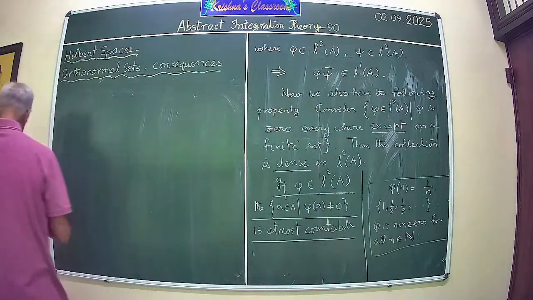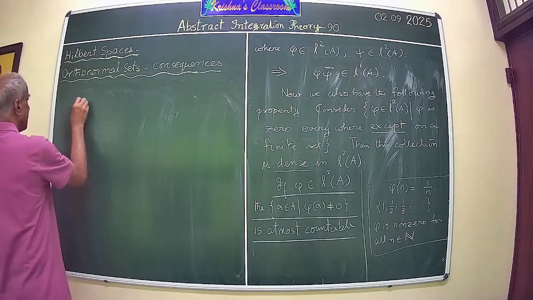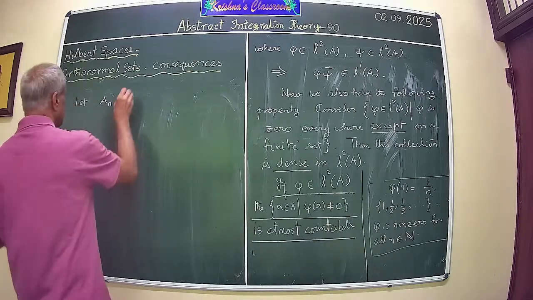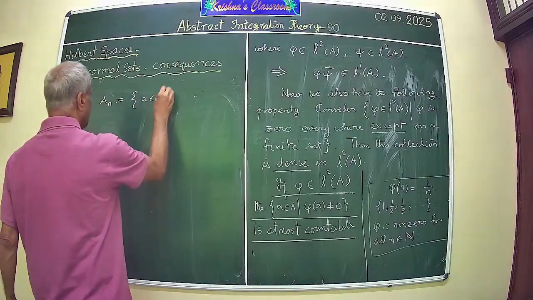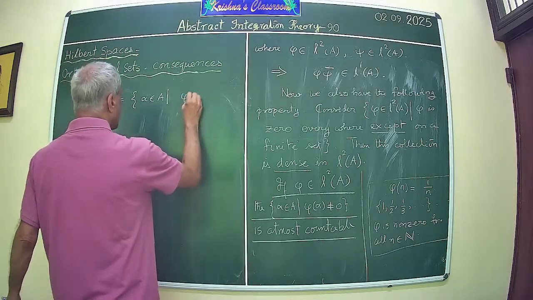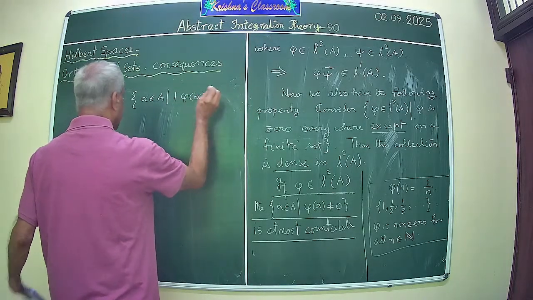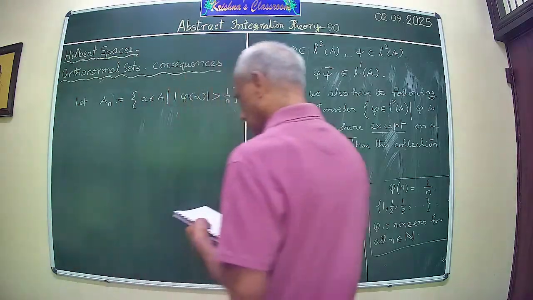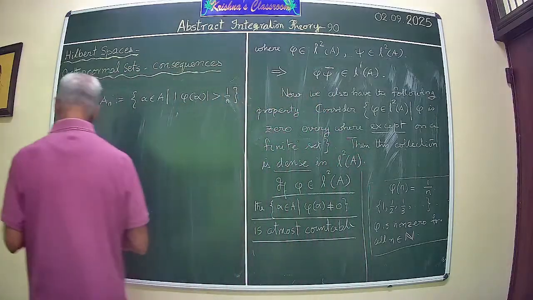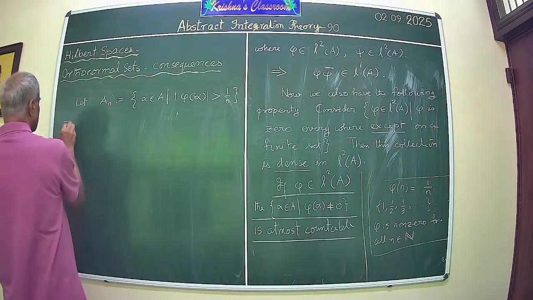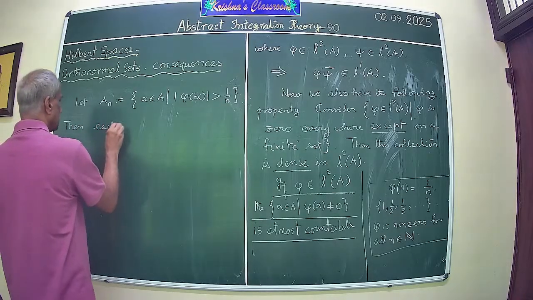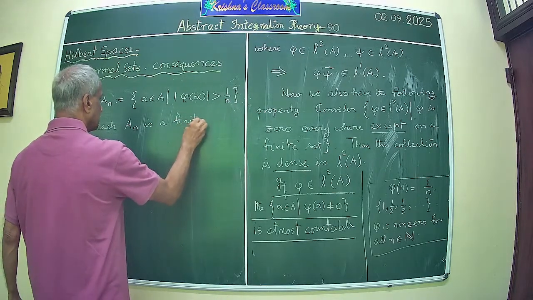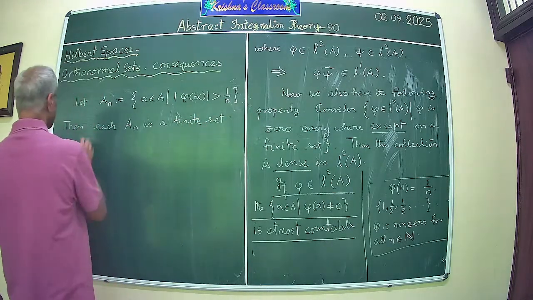So let us prove this. Let A_n designate the set of all alpha belonging to A such that |phi(alpha)| is greater than 1/n.